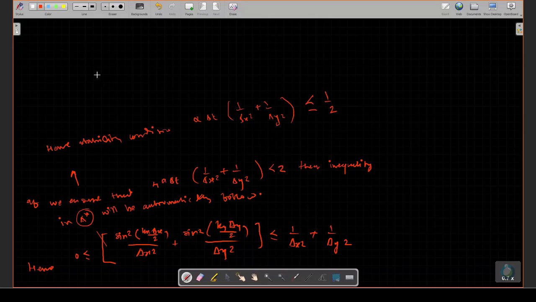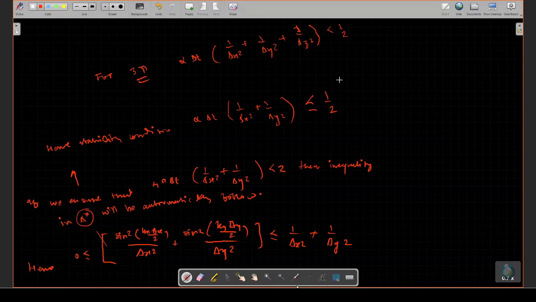For the 3D case, it is just a simple extension: alpha delta t times 1 over delta x square plus 1 over delta y square, and the third coordinate 1 over delta z square will come into the picture, and all of this should also be less than half.